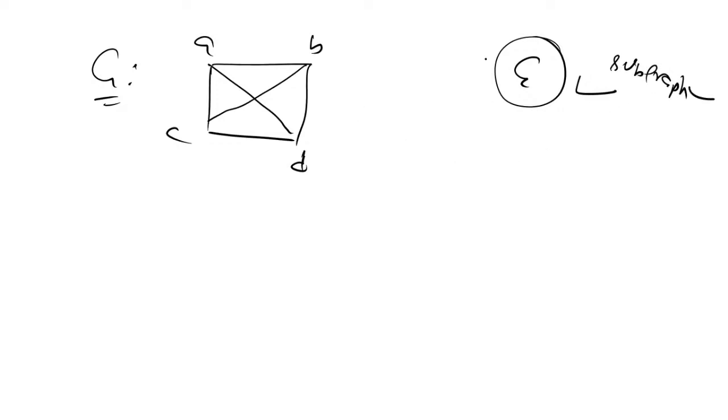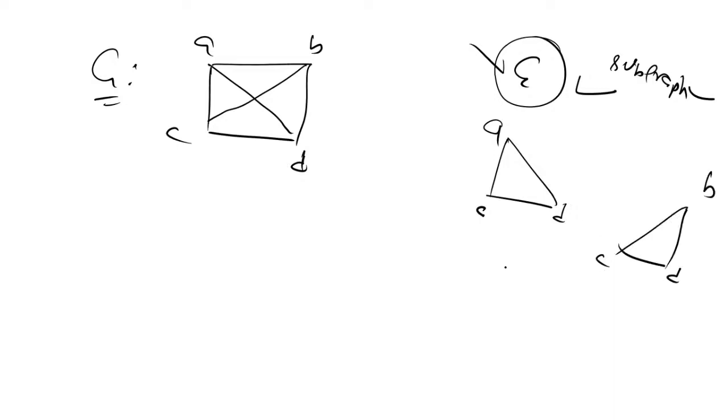But of course you can have other cliques also. For example, this A, C, D is also a clique. This B, D, C is also a clique. And this C, D is also a clique.